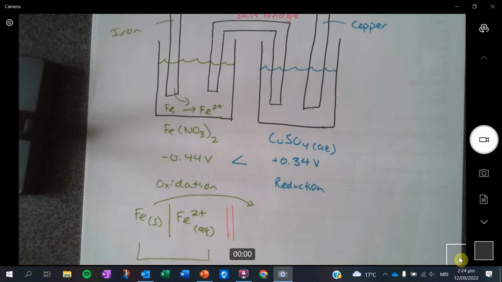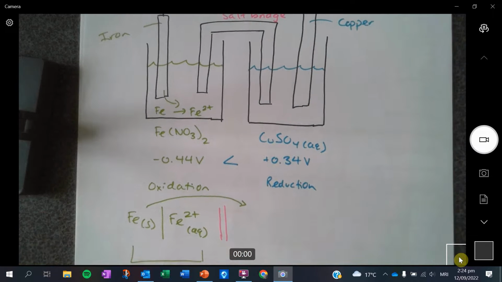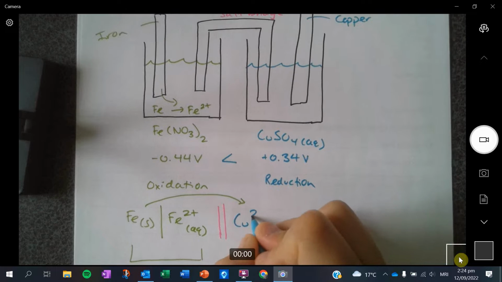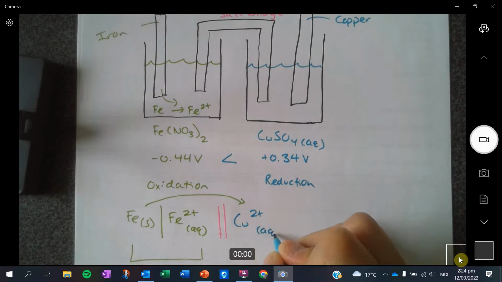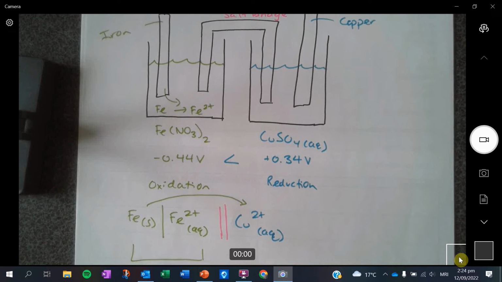Who's going to be gaining those electrons? The copper, but specifically what copper? Is it the copper metal or the copper ion? The ion. So I'm going to write Cu2+, and that is aqueous, because we're talking about solution. So that's where my electron has gone.